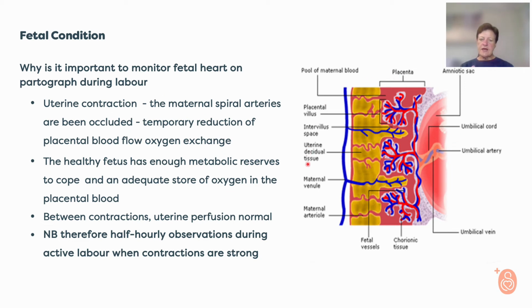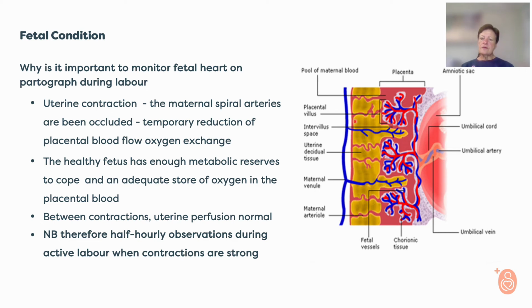Now, this diagram in front of you is a cut through the placenta. Here is the uterus with the umbilical cord and the fetus, and this is the placenta. This yellow part is the muscle of the uterus, and this is the placental part with the villi being surrounded by the maternal blood.